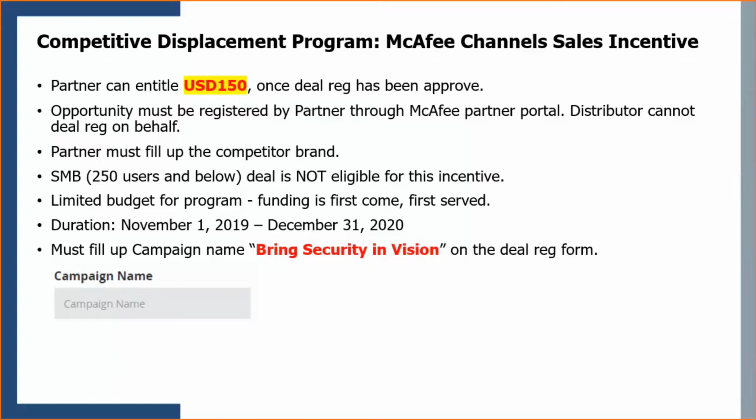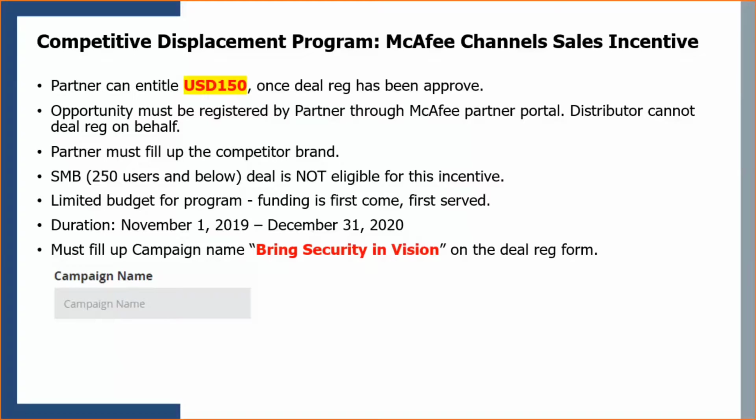The duration of this program is from 1st of November 2019 until the 1st of December 2020. Another must and important note is that you must fill in a campaign name, which is Bring Security in Visions on the deal reg form. If you miss out this campaign name, then the incentive will be disqualified as well.